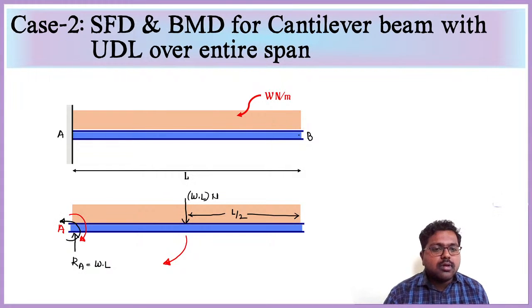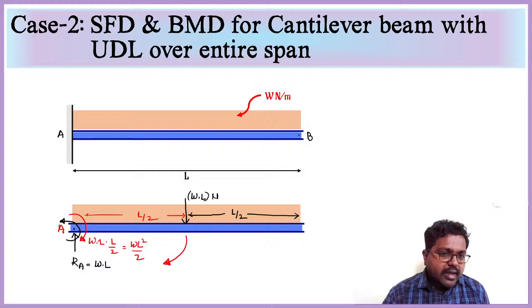right? So the moment which is acting at A in action is given by load intensity into lever arm distance. This is L by 2 and this is also L by 2. So we can write it like W into L, that is the load, into L by 2, which is equal to W L square by 2.